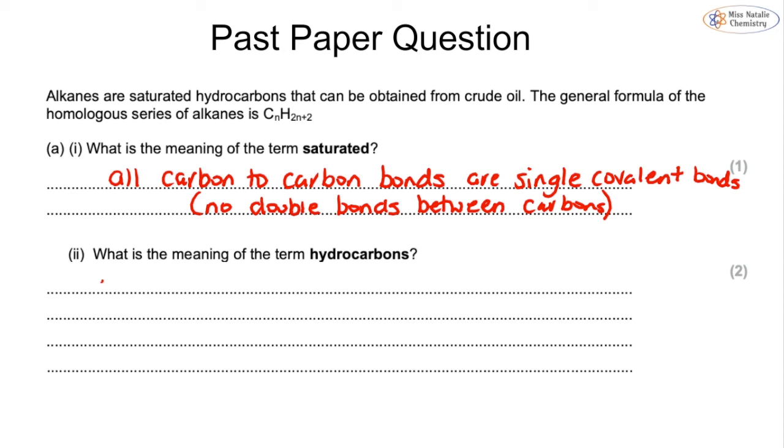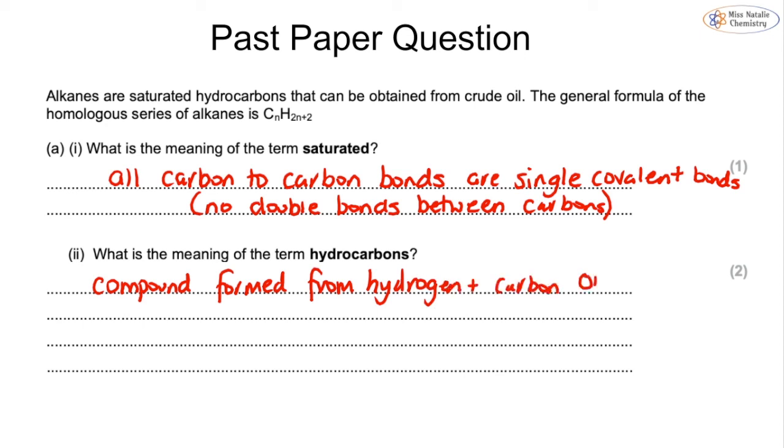A hydrocarbon is a compound formed from hydrogen and carbon, and then that key word, only. That word of only gets you the 2nd mark. So always make sure that you do include that.